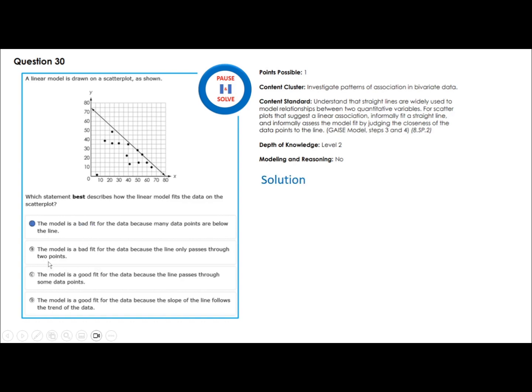Look at the other one. The model is a bad fit for the data because the line only passes through 2 points. That has nothing to do with that, okay? The model is a good fit for the data because the line passes through some data. That's also not good. The model is a good fit for the data because the slope of the line follows the trend of the data. That's not good either, okay?